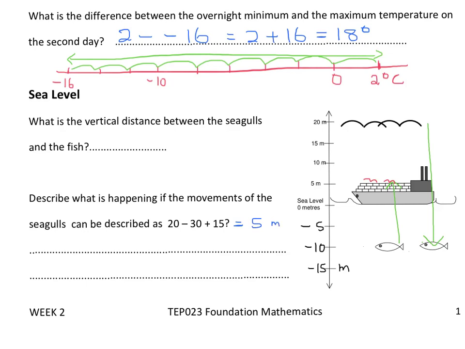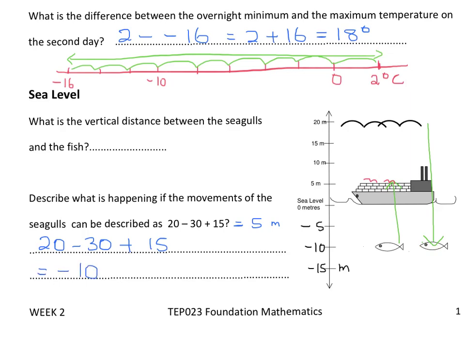So let's have a look at the problem. 20 minus 30 plus 15. We can say 20 subtract 30, or starting at 20 going back 30, we end up at negative 10. There's negative 10. That was the position of the gulls when they ate the fish.